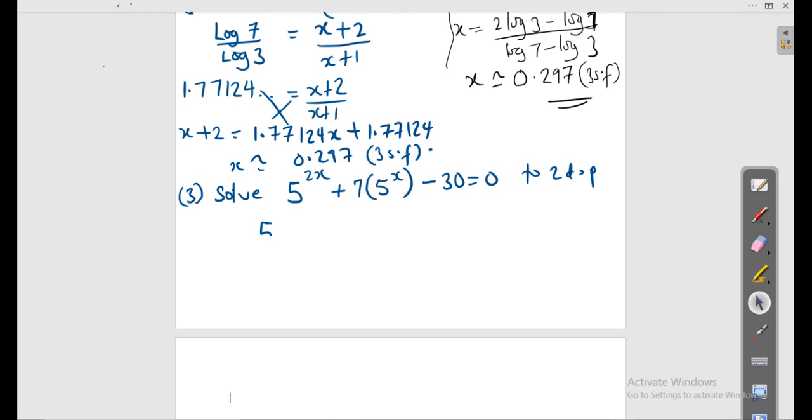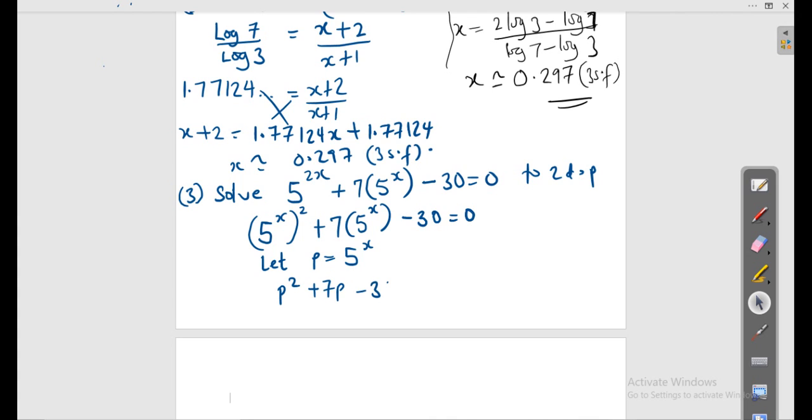We say 5 raised to the power 2x is the same as 5 raised to the power x squared, plus 7 into bracket 5 raised to the power x, minus 30 equals 0. Then we let p be 5 to the power of x, so that we have p squared plus 7p minus 30 equals 0.